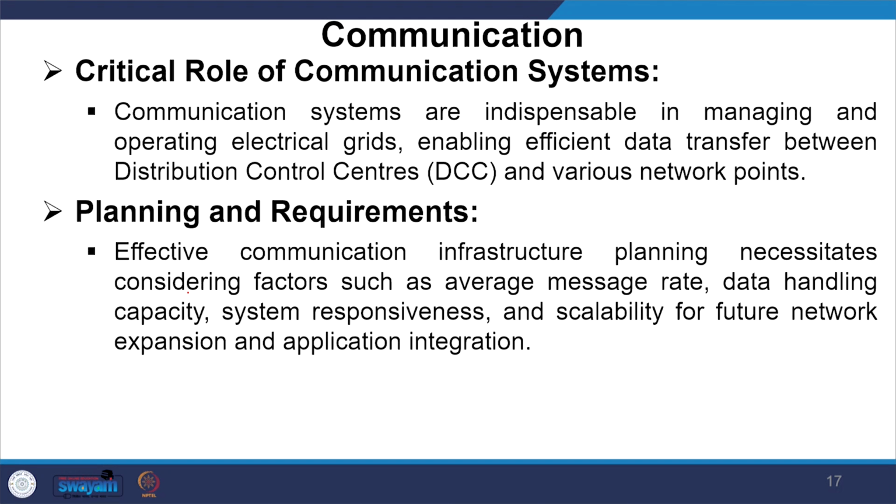Communication systems are indispensable in managing and operating electrical grids, enabling efficient data transfer between distribution control centers and various network points. Effective communication infrastructure planning necessitates considering factors such as average message rate, data handling capacity, system responsiveness, and scalability for future network expansion and application integrations.